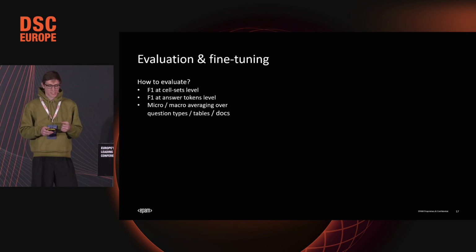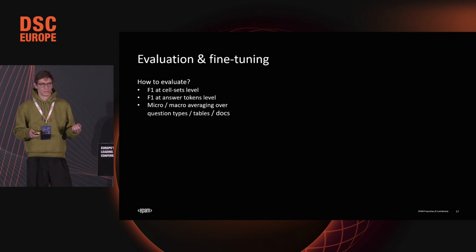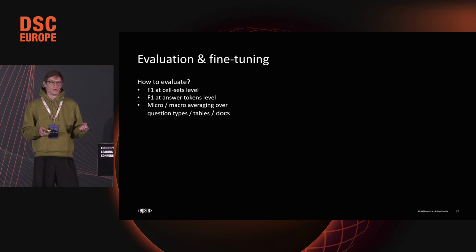So let's imagine we started our fine-tuning. How do we evaluate performance of a model like that? Of course, we can start with classical metrics like F-score. And we did that. We applied it over sets of cells and a set of text tokens.